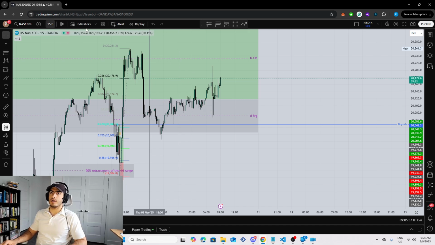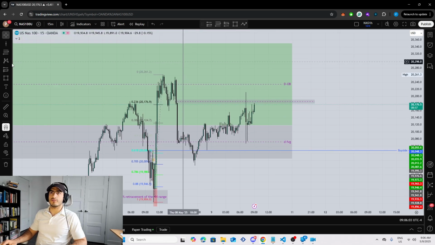After that, we are working within this last fair value gap on the 15-minute. It's bouncing off there right now. We have relative equal highs over here, which is nice, and no relative equal lows with a nice pattern.